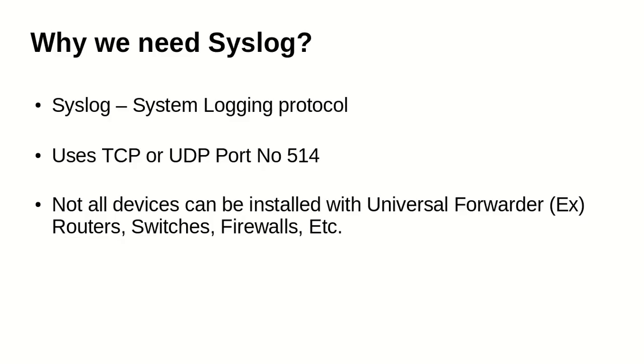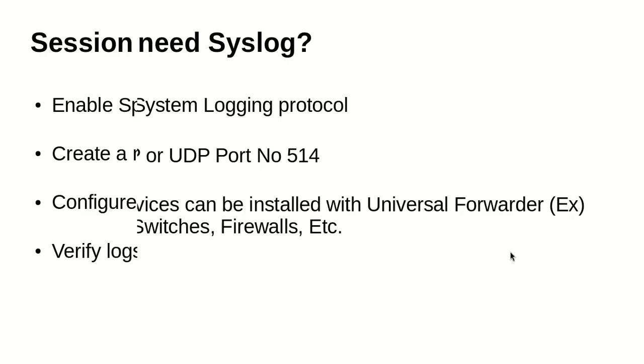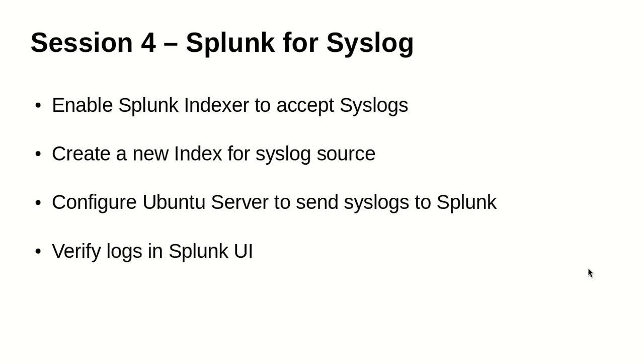So it was Windows, Linux, Mac OS, and other variants of Linux like Solaris, etc. And let's take an example of other devices like routers, switches, firewalls, etc. We cannot install universal forwarders in these devices, right? That's the reason why we need syslog, and we will be enabling syslog port receiving on the indexer, and we will configure the server to accept the syslogs in today's session, right?